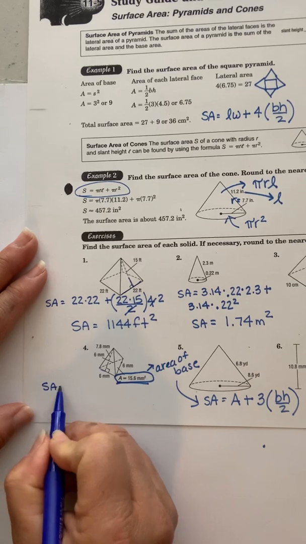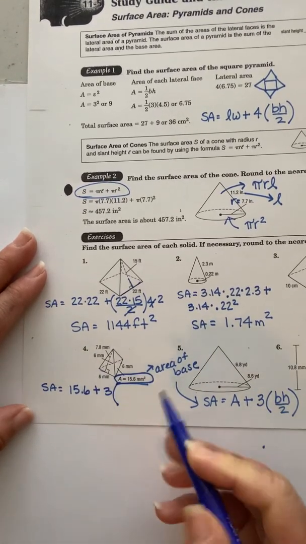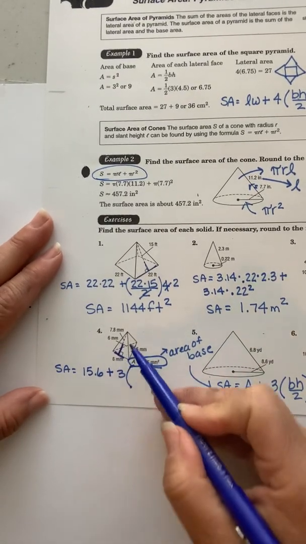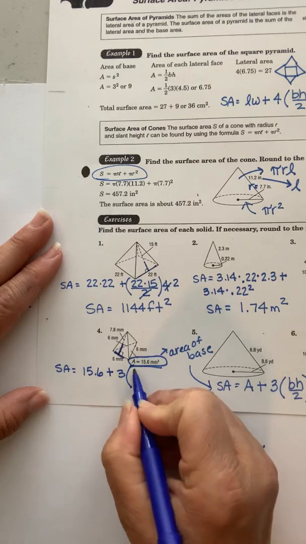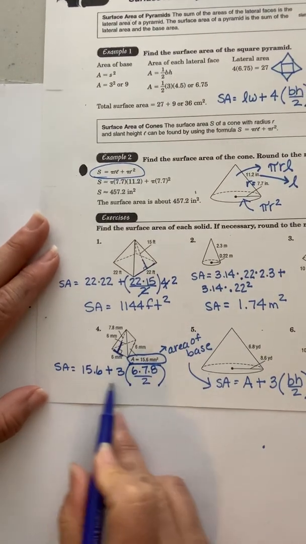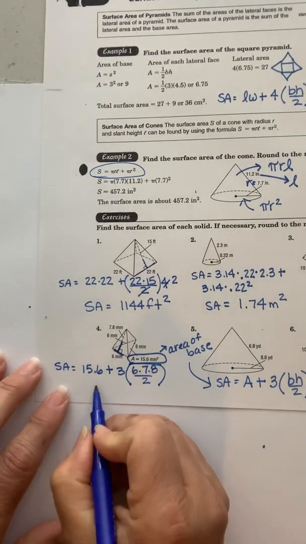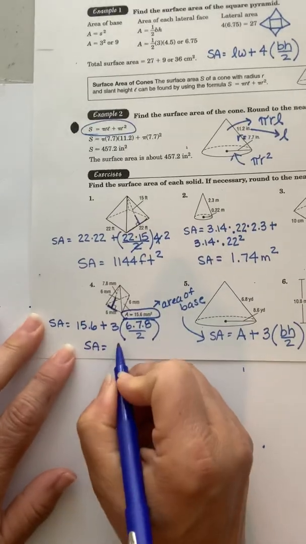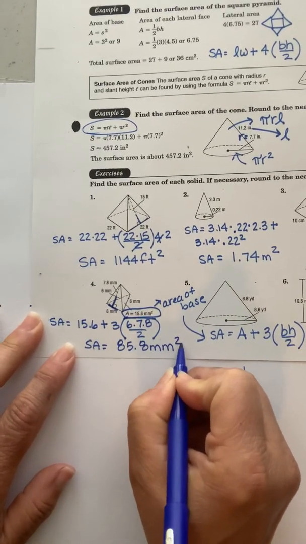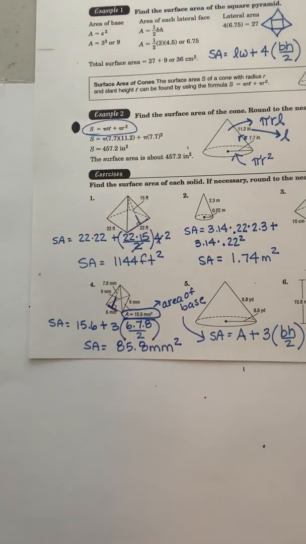So surface area is 15.6 plus 3 times. Now the base and height of the triangle here is 6 and 7.8, divided by 2. So we'll type all of that into my calculator and I will get 85.8 millimeters squared.